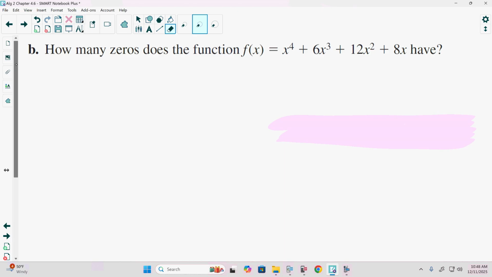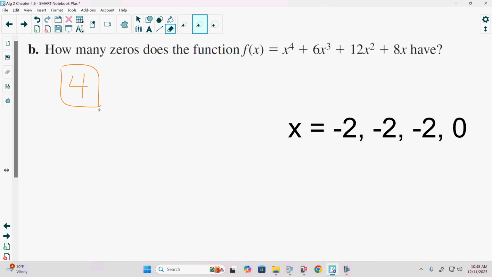How many zeros does the function x to the 4th plus 6x cubed plus 12x squared plus 8x have? What's the degree? It has 4. If we went and found them, the solutions would be negative 2, negative 2, negative 2, and 0. Even though negative 2 shows up 3 times, we still count it 3 times.